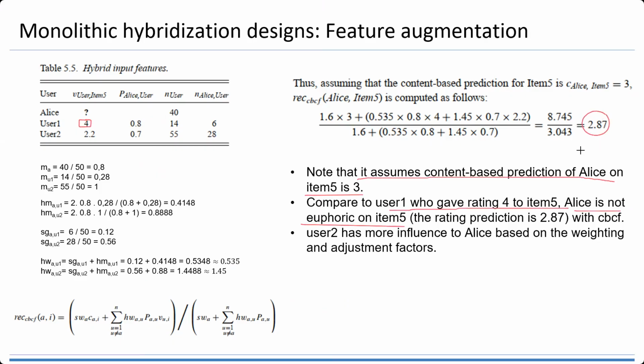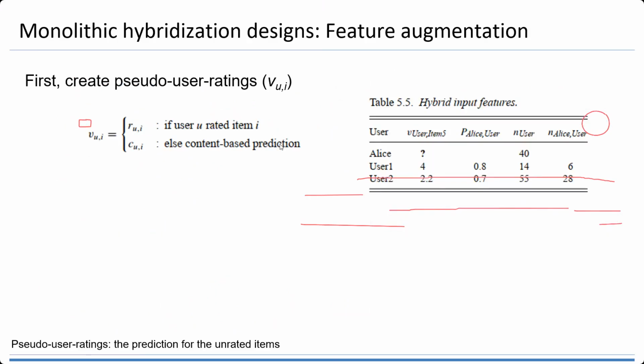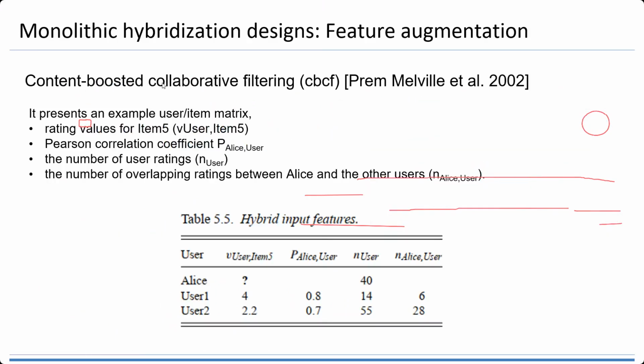So we call this content-boosted collaborative filtering, CBCF.